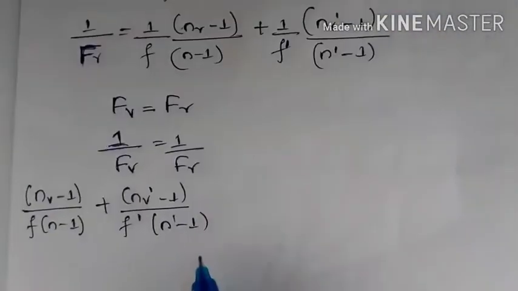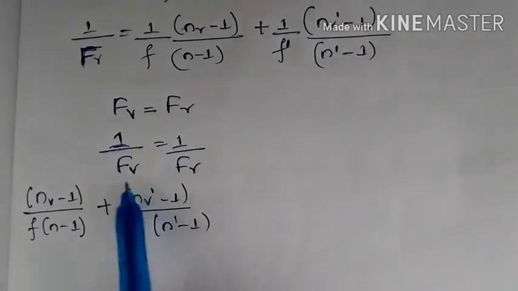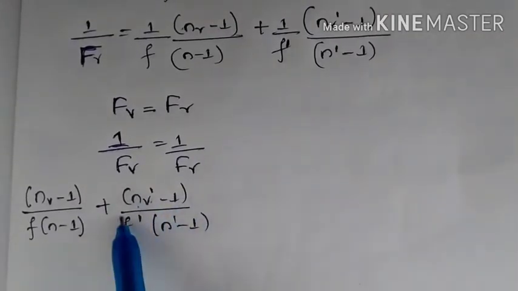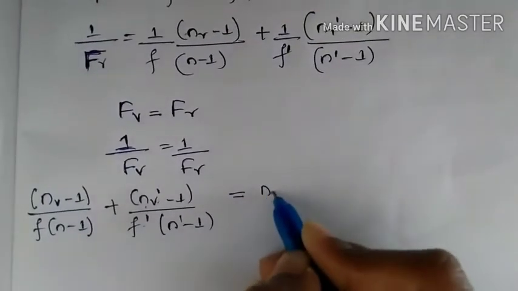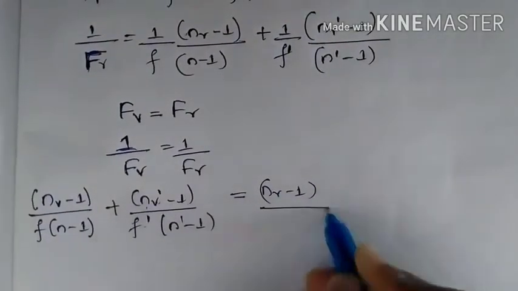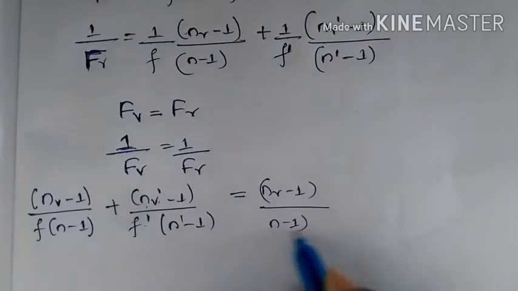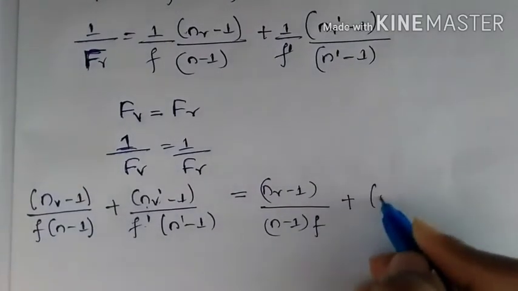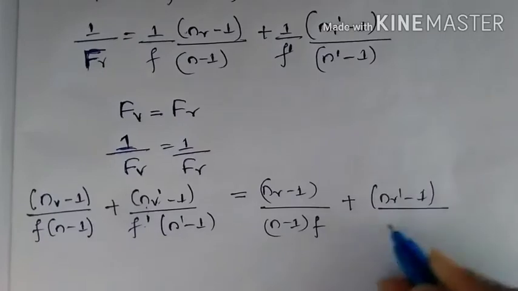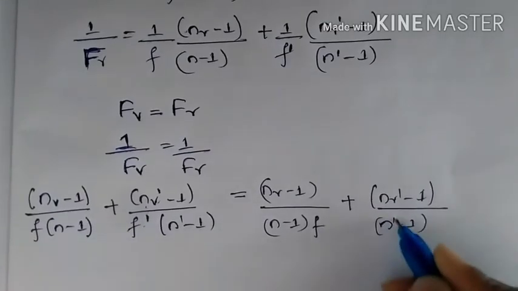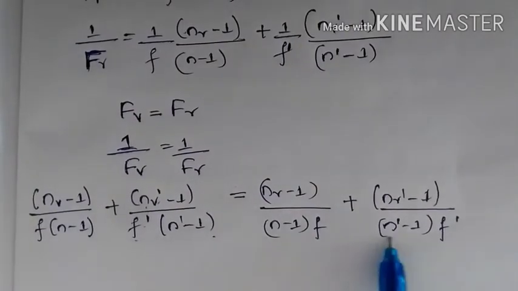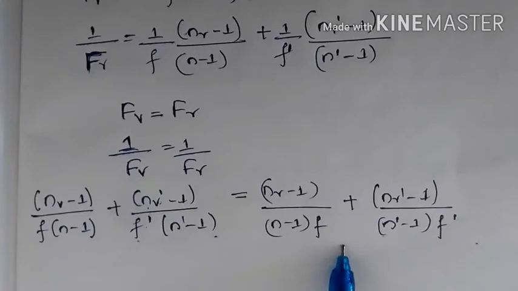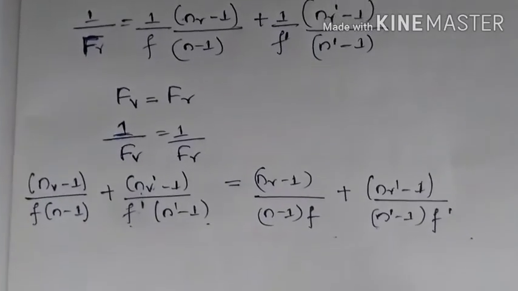So that means we can write (nV prime minus 1) divided by F prime (n prime minus 1) is equal to (nR minus 1) divided by (n minus 1) F plus (nR prime minus 1) divided by (n prime minus 1), which is multiplied by F prime. So now if you see, this term here is similar to this term and this term here is similar to this term.